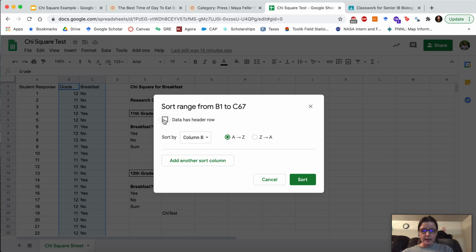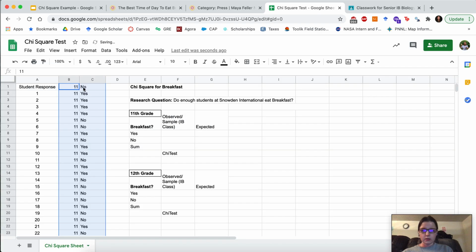Make sure that you check this box that says data has header row, because this means that we're keeping the grade and the breakfast in place, and then do A to Z. If you don't check this box, then it's going to move the headers, and it's going to be harder to interpret your data.